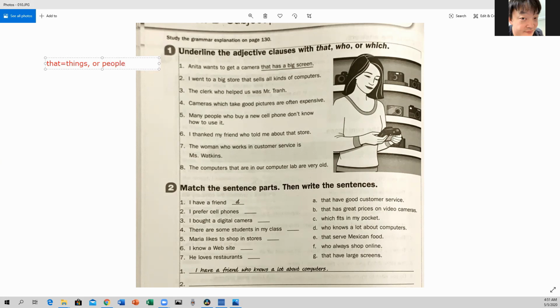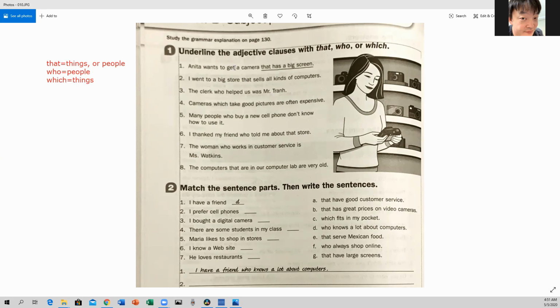Then you have who, which you use only for people. And which you use for things. Important for you. Look how they function here.